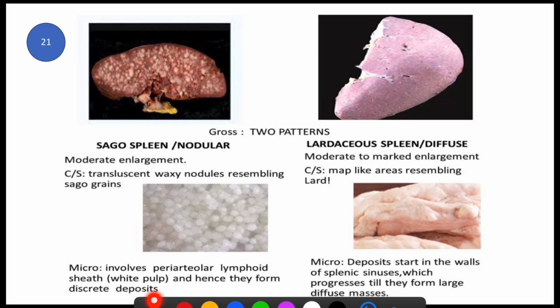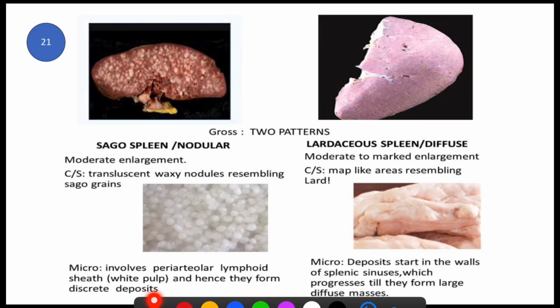It is an enlarged specimen, due to the periarterial lymphoid sheath where white pulp is involved by this amyloid deposition. And here this is lardaceous spleen. So here is diffuse deposition of amyloid, resembling lard, showing map-like areas resembling lard.